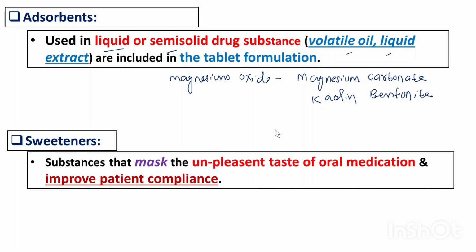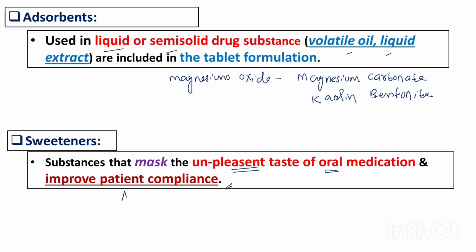The next excipient is sweeteners. We know that sweeteners are mostly used to mask the unpleasant taste of oral medication. Also, it will improve patient compliance. So, what are the examples of sweeteners?